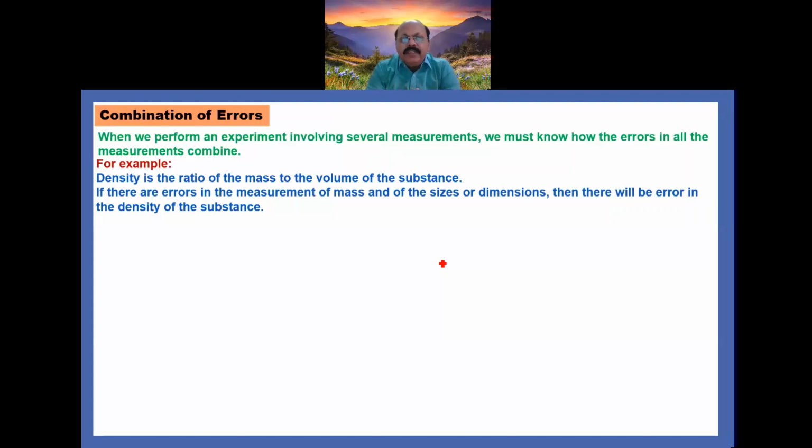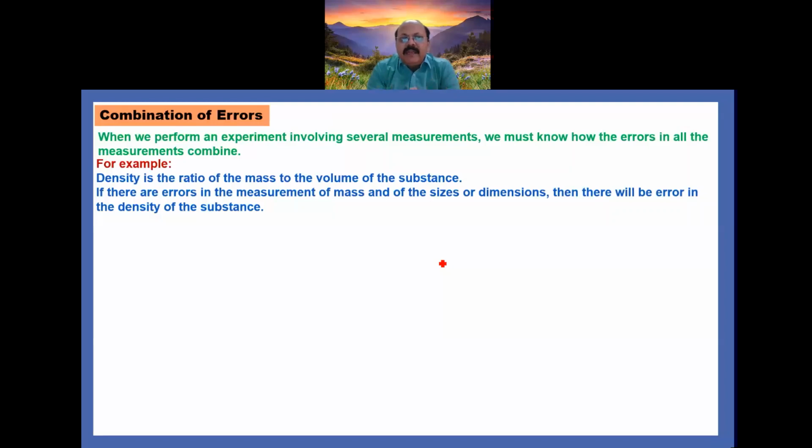For example, density is the ratio of the mass to the volume of the substance. If there are errors in the measurement of mass and of sizes or dimensions, then there will be error in the density of the substance.